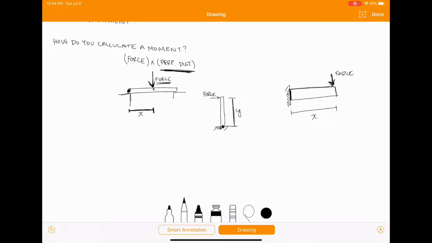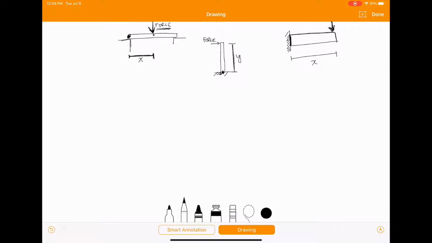Now, let's just say another example. We have a beam, and this end is being supported by some wall that it's just resting on. And this end over here is being supported by a rope that is attached to a wall up here.